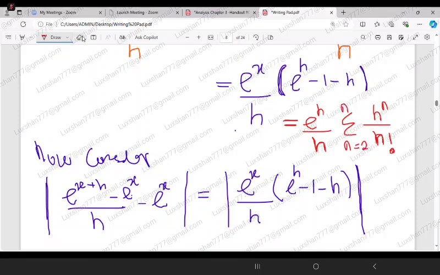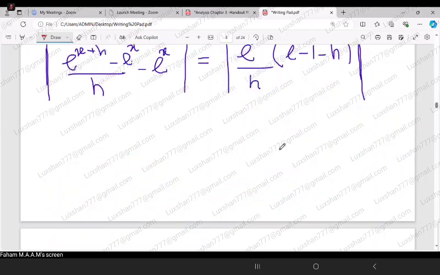Sorry, this is x. So this one, e to the power h minus 1 minus h, you can write this way: summation n equal to n, h to the power n over infinity. Why? Can anybody tell me why is that? e to the power h minus 1 minus h equal to what?